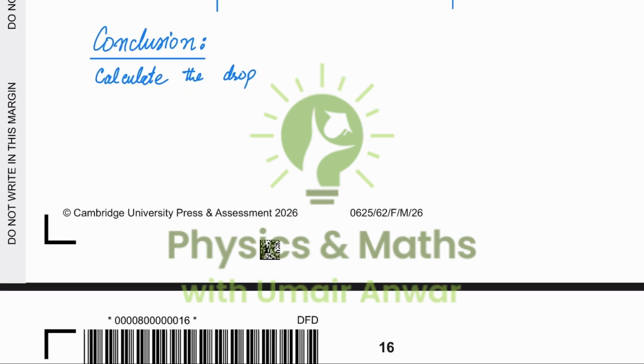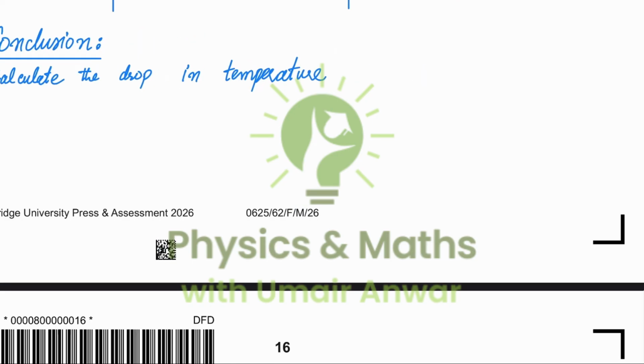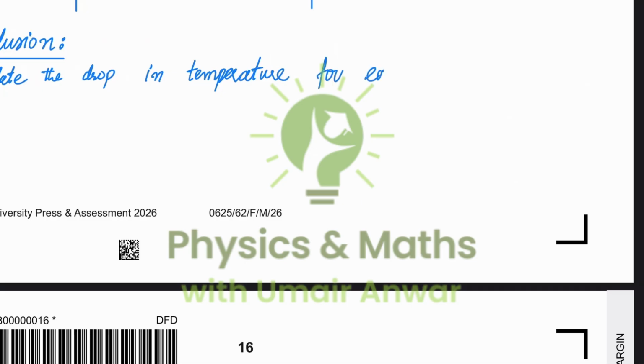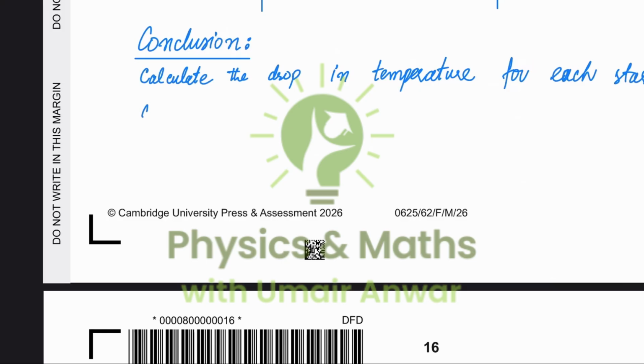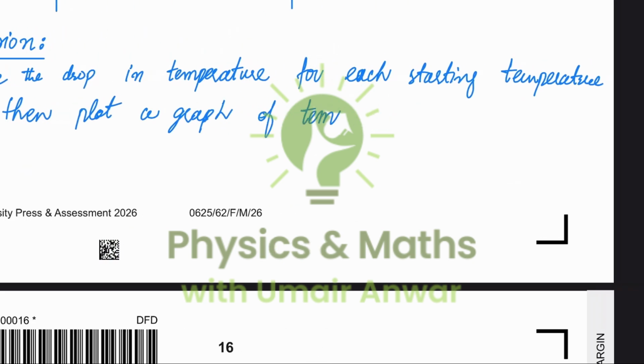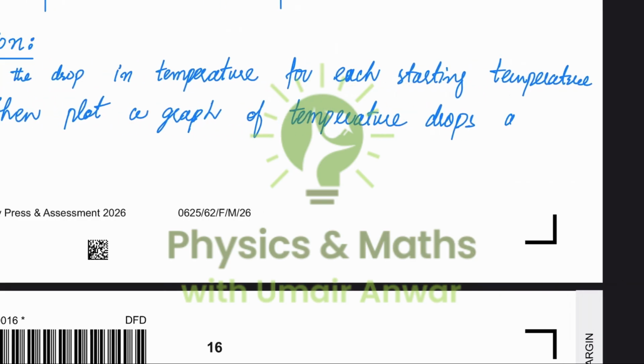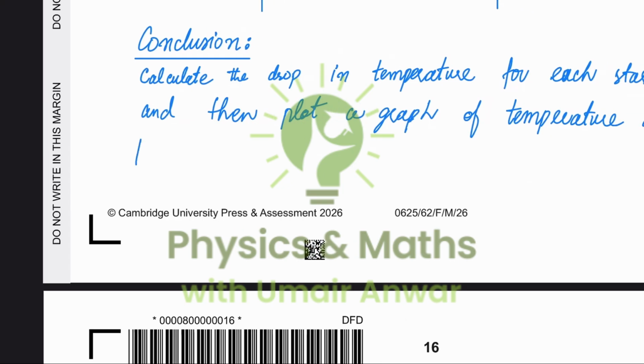So first we will be calculating the drop in temperature for each starting temperature, and then plot a graph of temperature drops against time, and there would be more than one graph on the same grid.